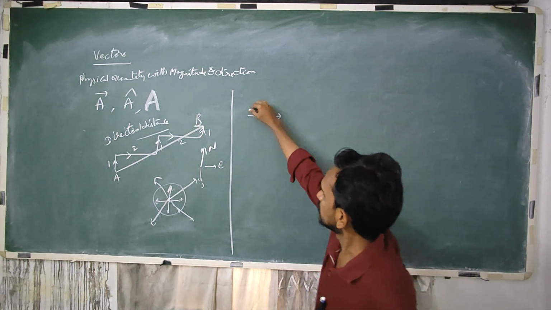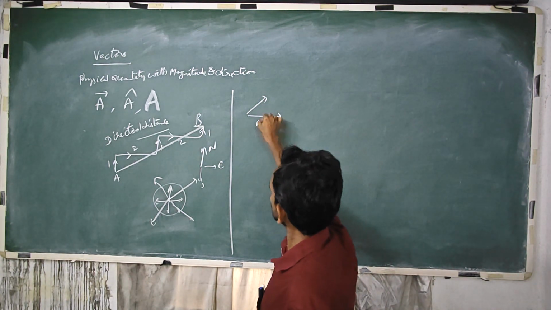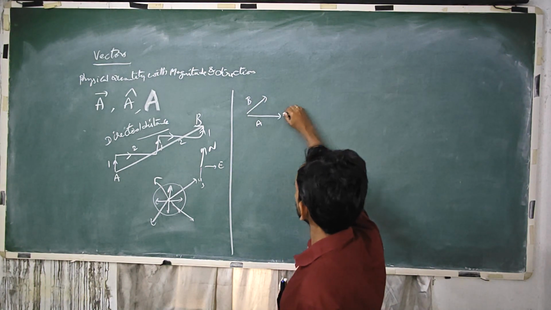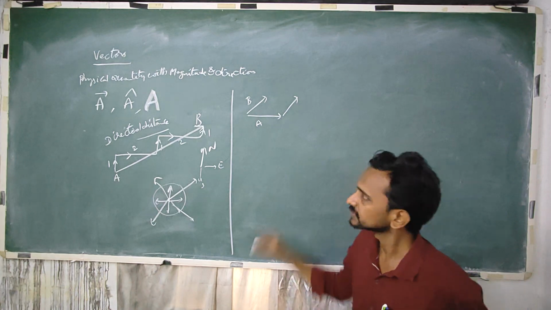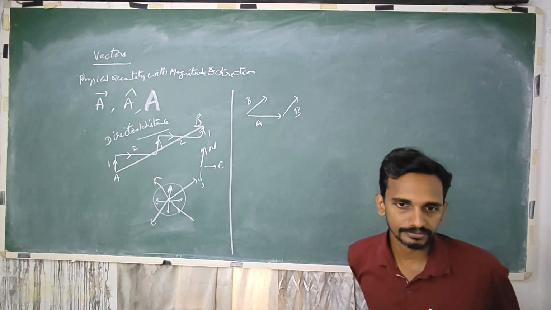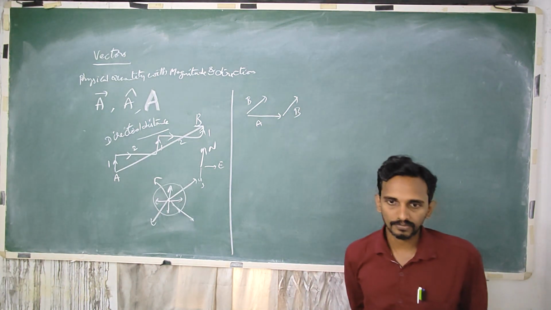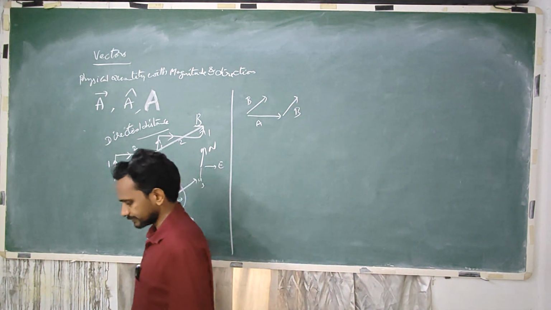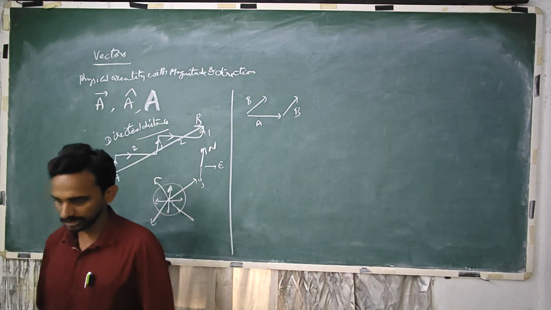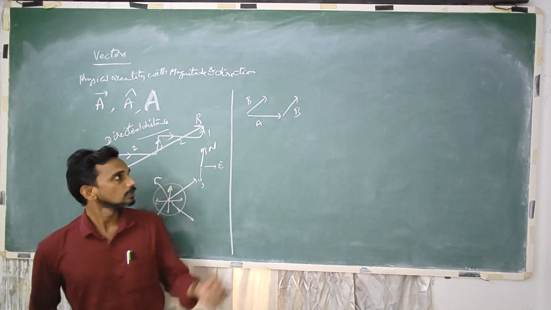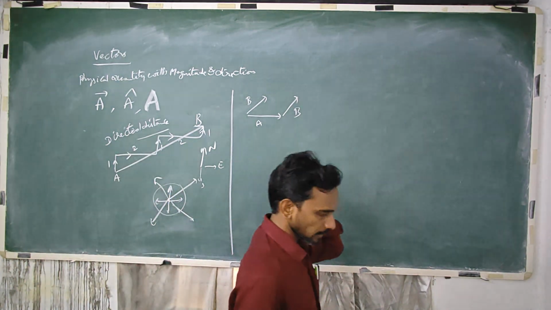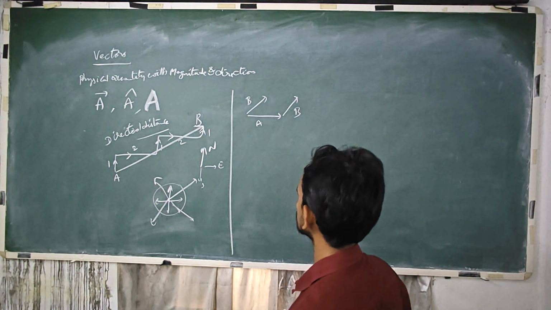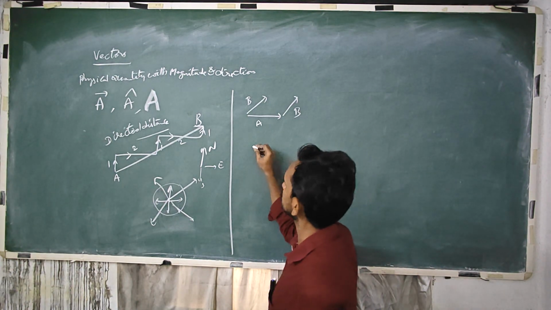Let's say this is a vector. As long as you keep the direction and magnitude, you can shift it anywhere. So this is also called the B vector. Okay, so that is a simple advantage with vectors. We can use that property to explain several concepts in vector algebra.